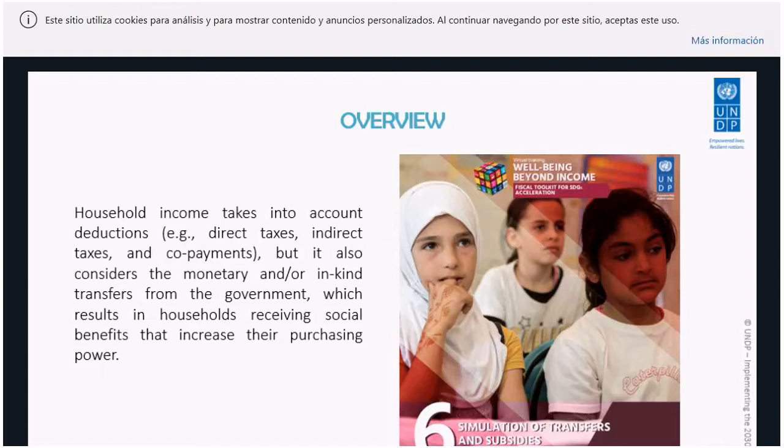So that amount could be enough to move these beneficiaries out of poverty. If that is the result, that is fantastic.